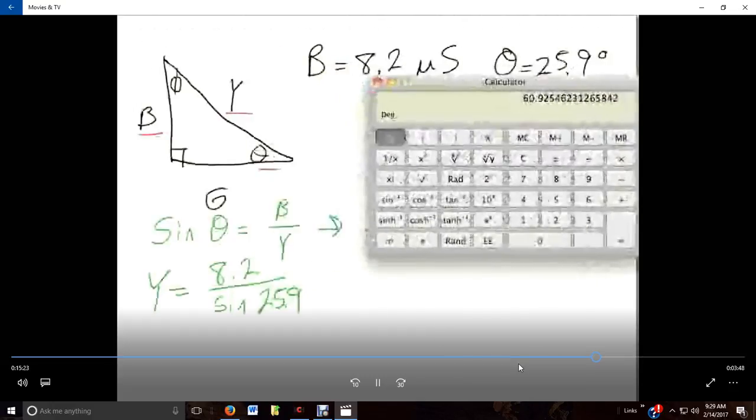Now your calculator's smarter, you can probably just punch in 8.2 divided by sine 25.9 close parenthesis equals. Again, mine's a little archaic.